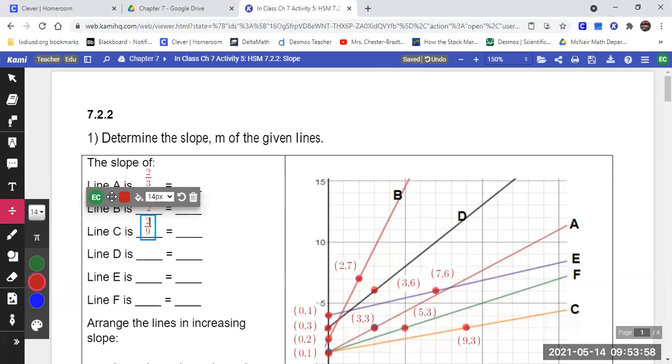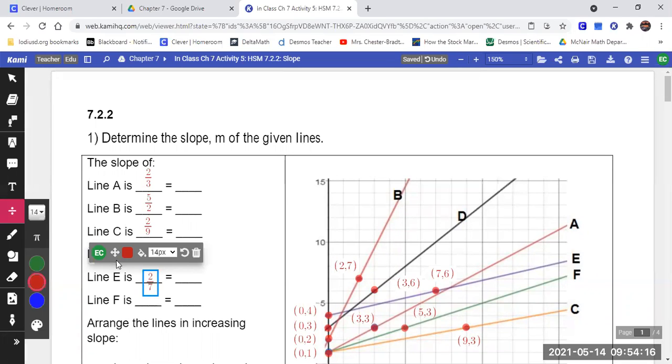D. What's the slope for D? 1. Yeah, it's the simplest one. And then what's the slope for E? 2/7. And then F was 2/5, right? Okay, so go ahead and come on up and get your fractions done.